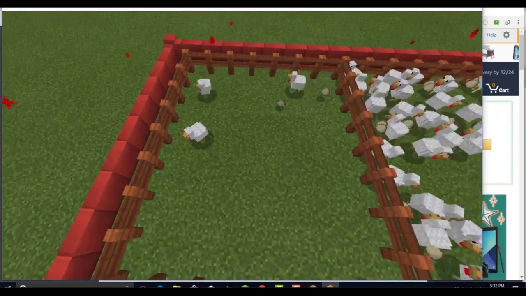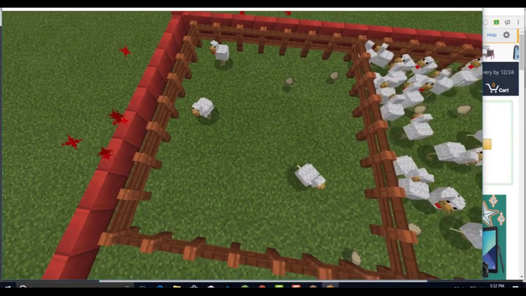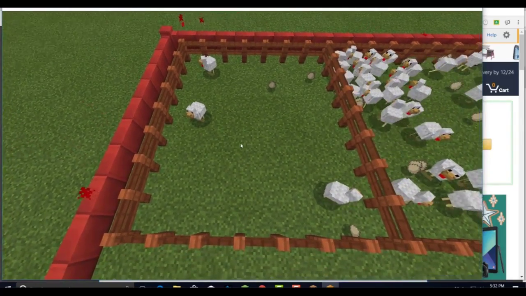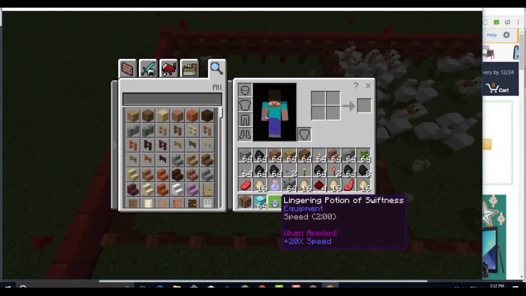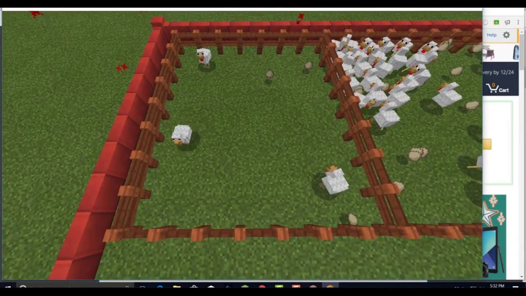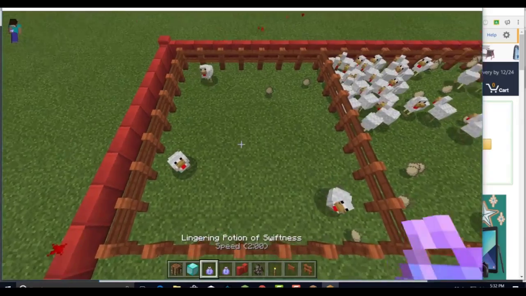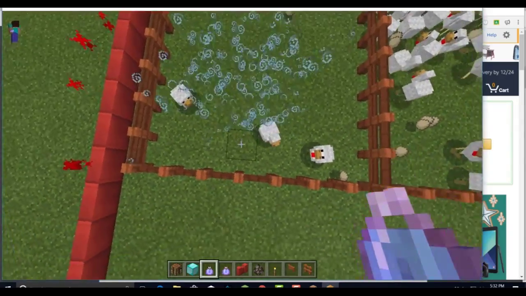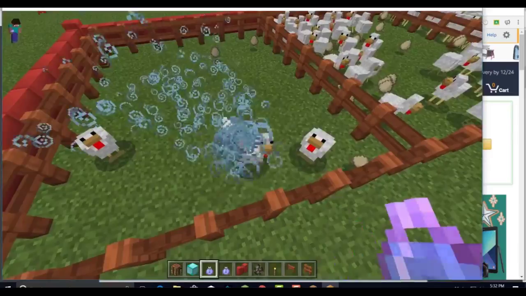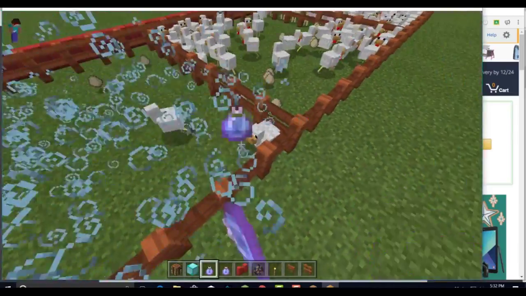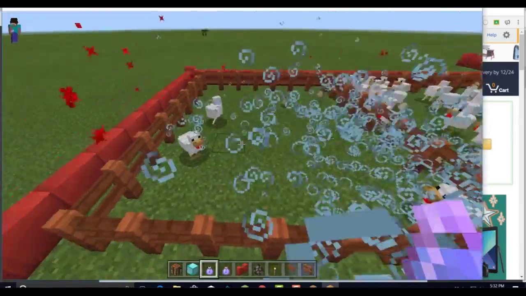And then over here we have the gas state where these chickens are running around, and I don't have them speed potioned, but if I speed them up a little bit, you'd get the idea that they can run around a little more quickly. So that represents the gas state.